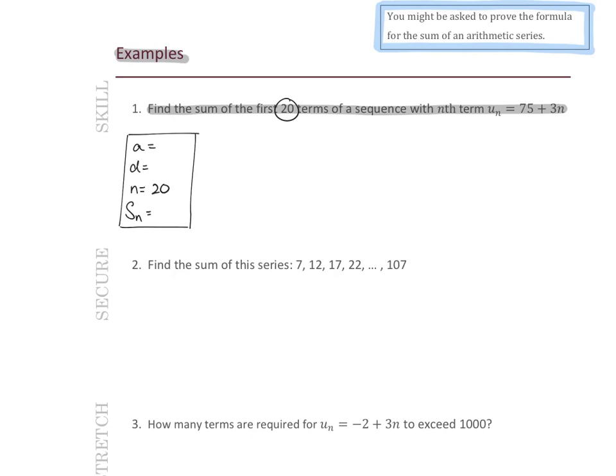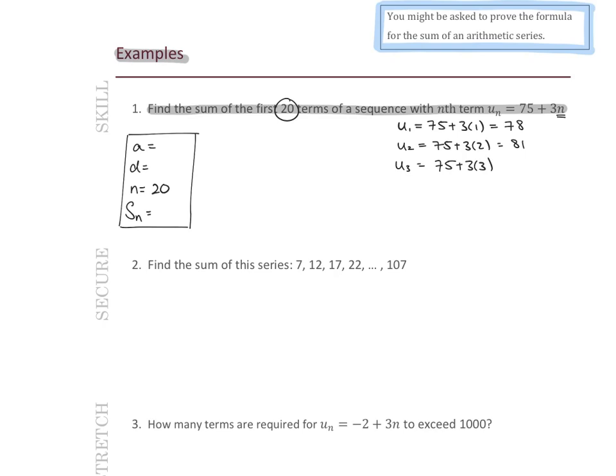So what I'm going to do is I'm just going to generate the first few terms. So if N equals 1 for the first term, if N equals 2 for the second term, and if N equals 3 for the third term.